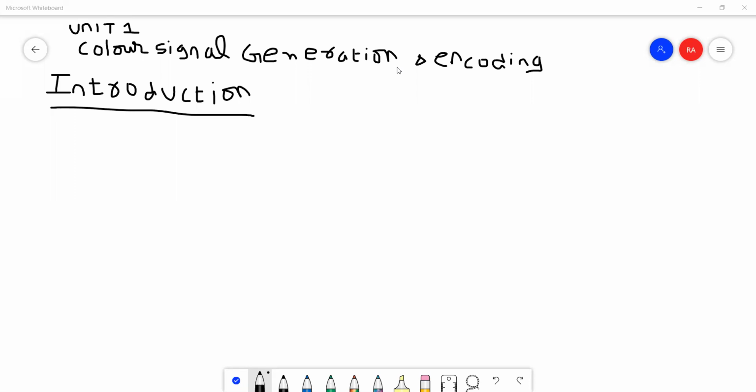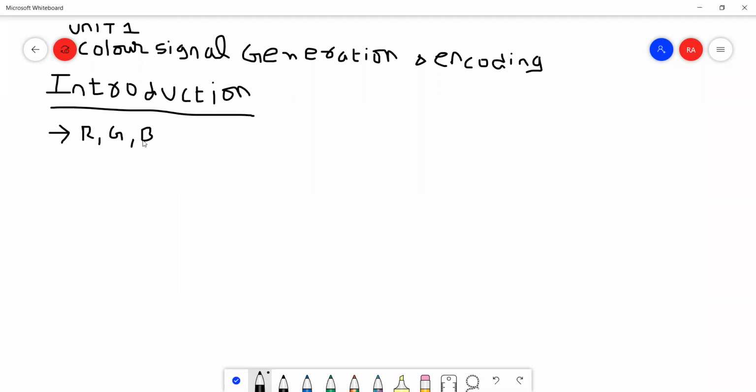Why? Because, as we know, any color is formed by a basic combination of primary colors: red, green, blue.